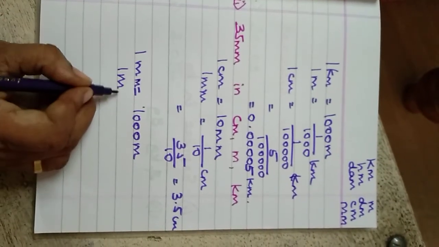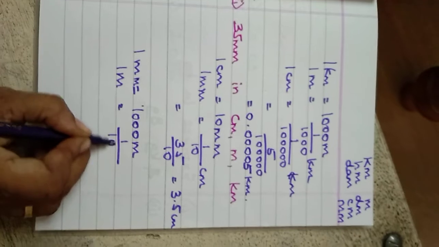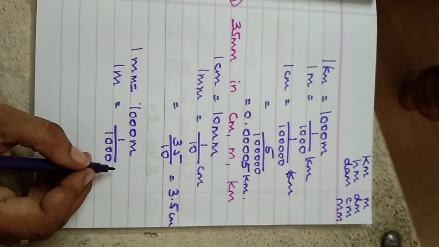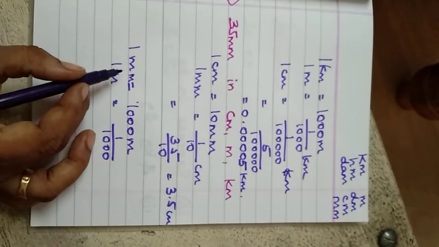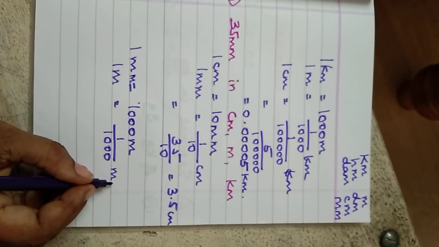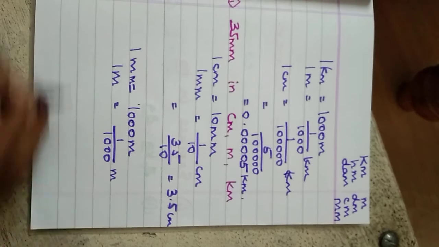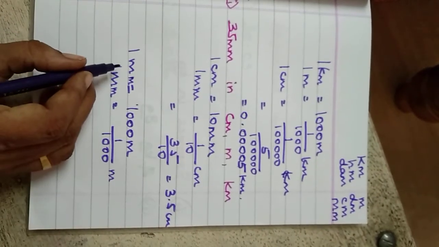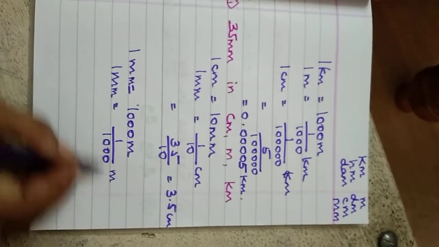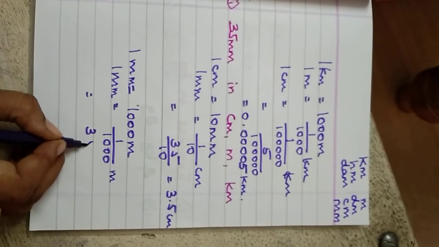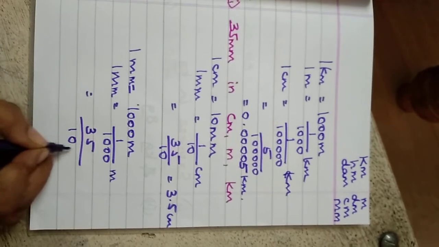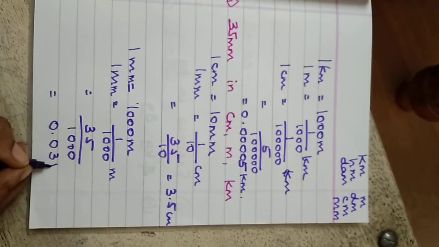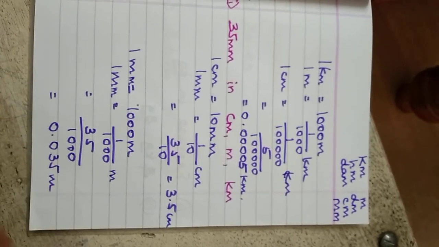So 1 millimeter is equal to 1 by 1000 meter. So 35 by 1000, which is 0.035 meter.